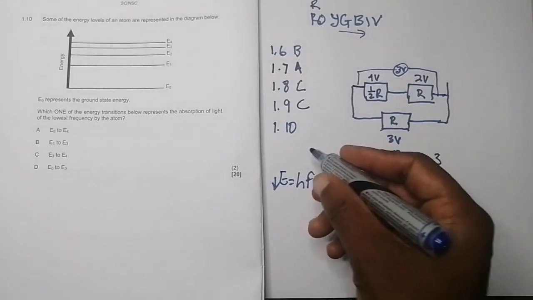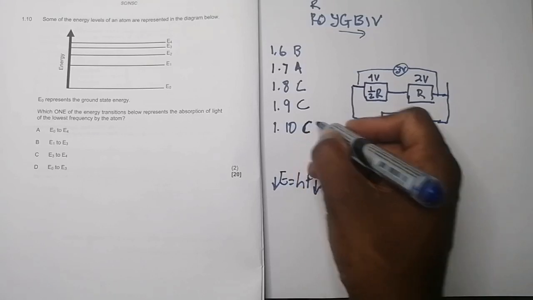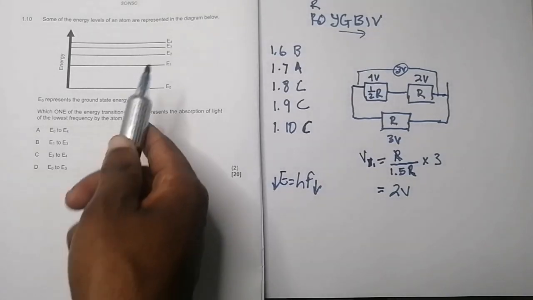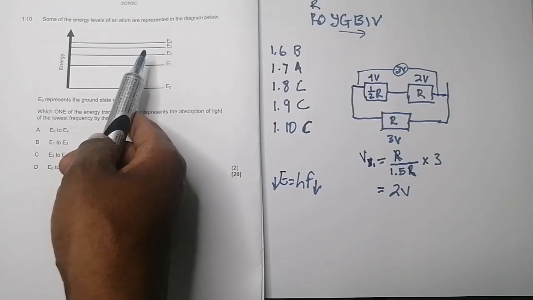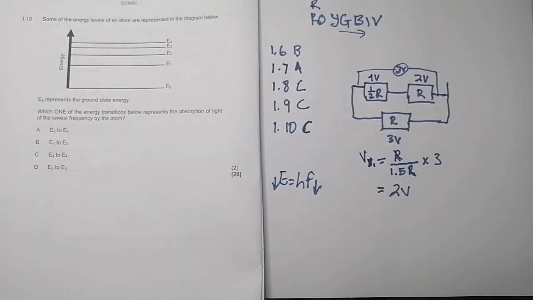However, ladies and gents, I want you to please be careful because sometimes they ask us about wavelength. Remember, if we were to consider wavelength, the lower the energy jump, the longer the wavelength of that light would be, right?